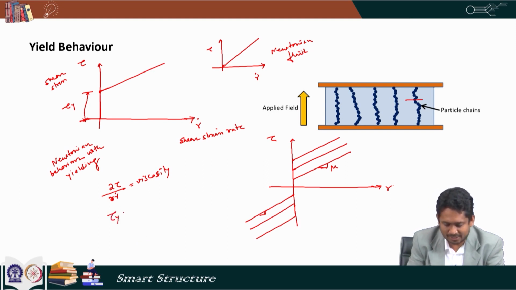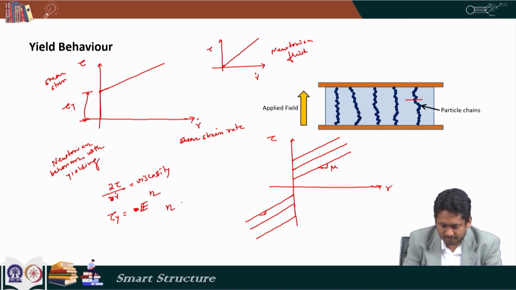So, as a function of that, it can be written as E, the electric field or magnetic field, to the power n. Now, n is generally between 1.25 and 2.5.